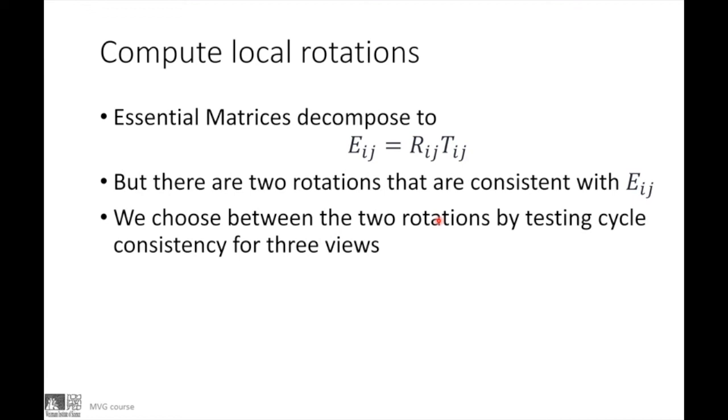You take triplets of images, you check what is closest to cycle consistency. What of the 8 possibilities is closest to cycle consistency, and that determines the Rij. Once you have the Rij, you go back to the algorithm and solve to get consistent rotations. Is it clear? Not really.